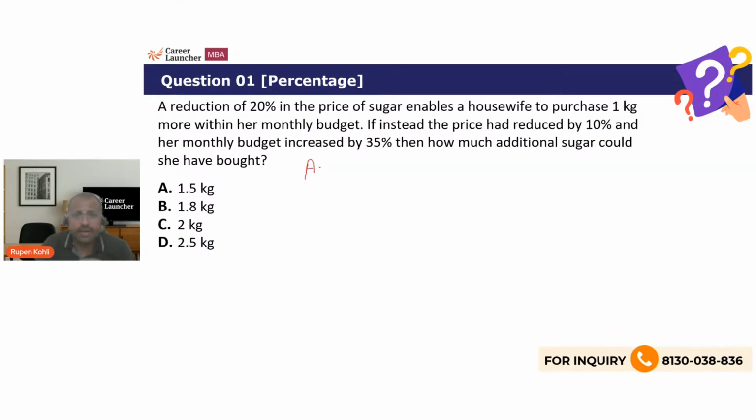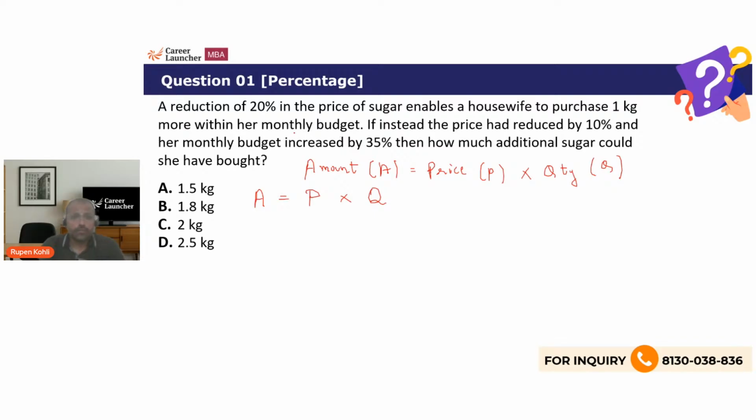Can I say the amount spent A is the price into the quantity purchased, so A equals P into Q. For example, if sugar costs 50 rupees per kg and you're buying 4 kg per month, you are spending 200 rupees on that. 200 is 50 into 4. So A equals P into Q. That is the relationship between these three quantities.